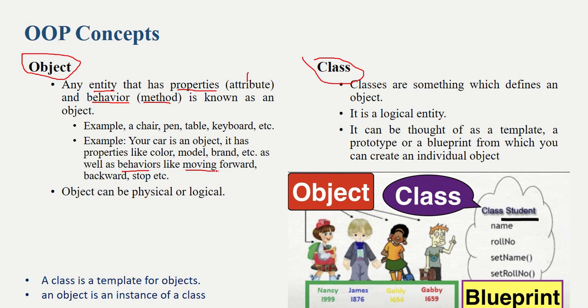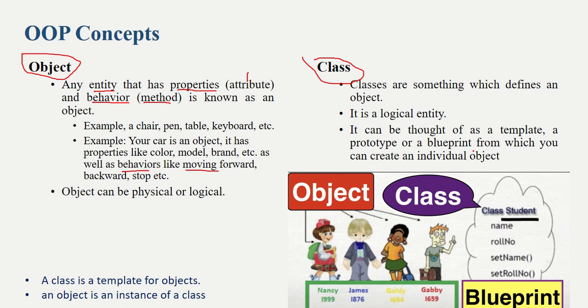The class will draw the main structure of this object and define the object exactly. So we can say the class is a logical entity. It's not physical. The object could be logical or physical, but the class is only a logical implementation for the object. So it could be a blueprint, a template, or a prototype for the object.